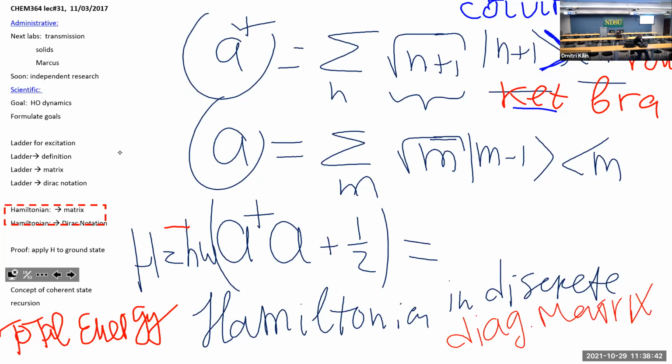From state number n, we are getting state n plus 1. And in front of this operation, we are getting the factor square root of n plus 1. So I'm going to quickly jump a few slides back and then return here.